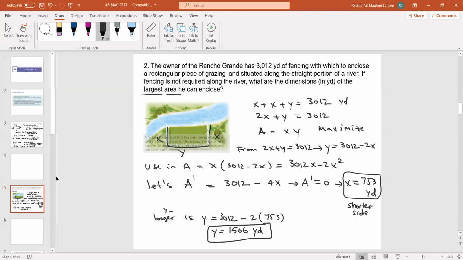You see, this one is a similar situation of a rectangle, but to fence the three sides and have a maximum area, it only happens when x is 753 and y is 1506.